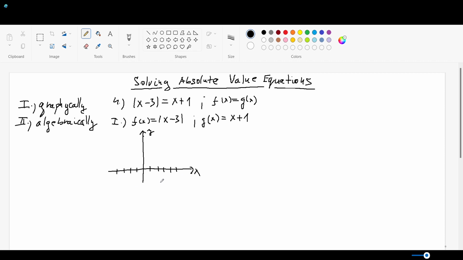I don't know which numbers I will need. And 1, 2, 3, 4, 5, and let's have 6 here. So the first graph is going to be sketched like this.